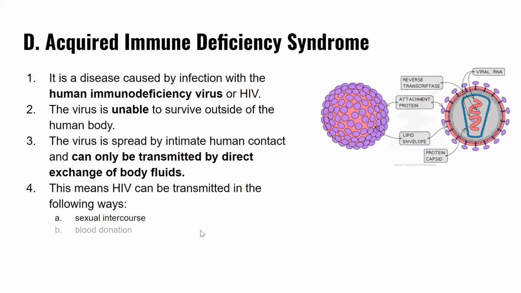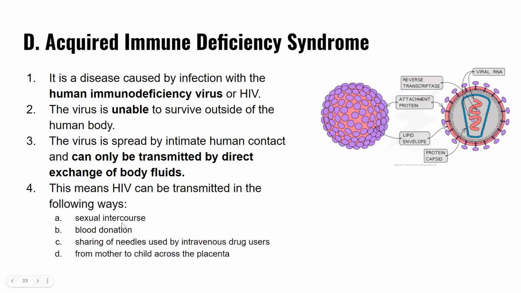So these are some ways in which HIV can spread: through unprotected sexual intercourse, careless blood donation where the donor has HIV but the recipient does not know, sharing of needles by drug users, and mother to child also.